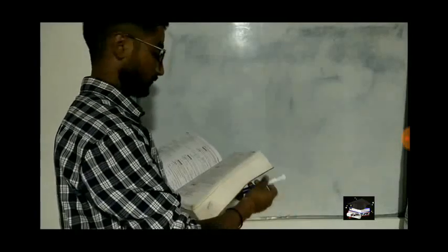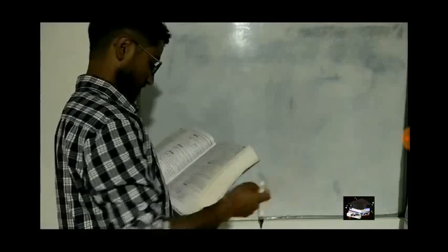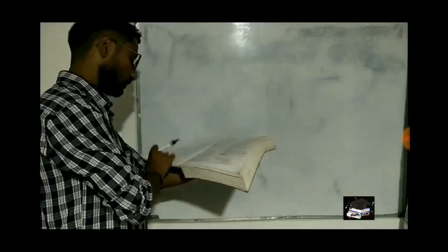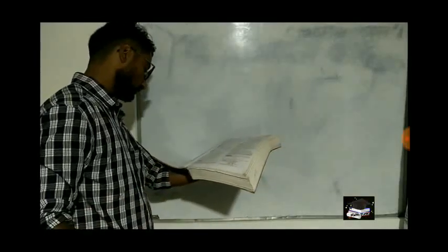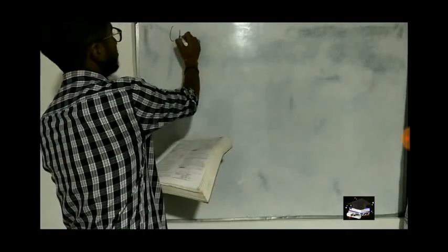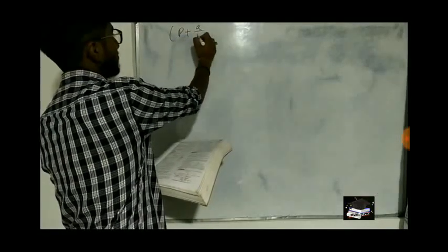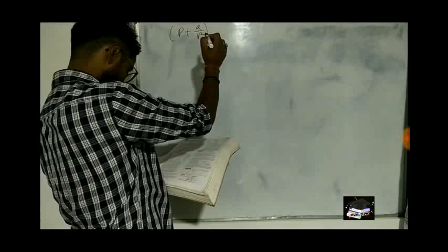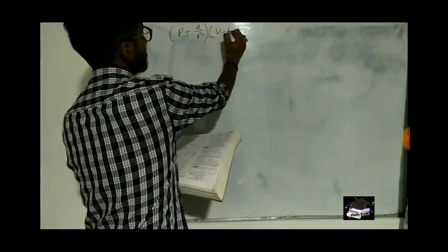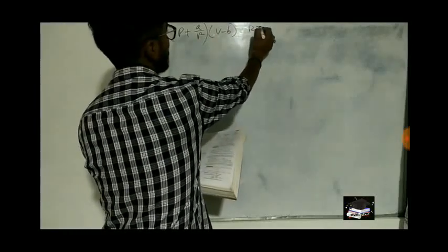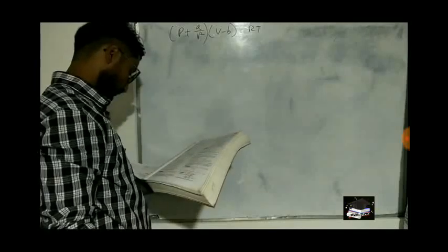Now next we have the van der Waals equation. The van der Waals equation for a real gas is given by (P plus A by V square)(V minus B) equals RT.